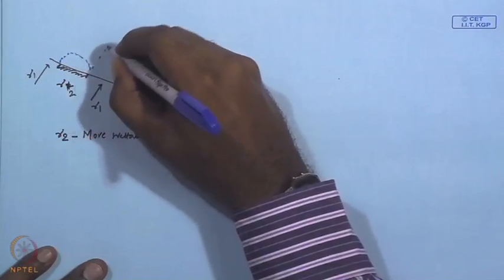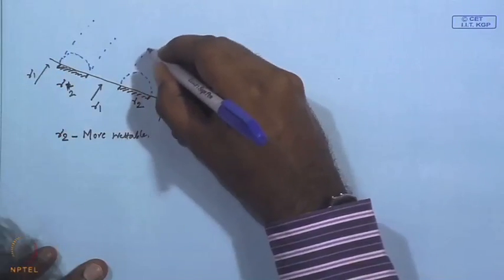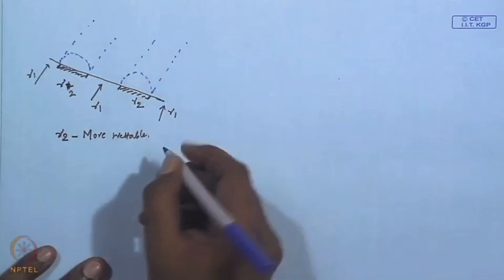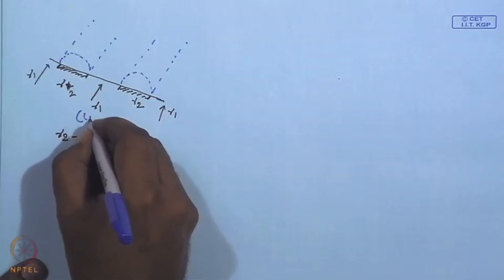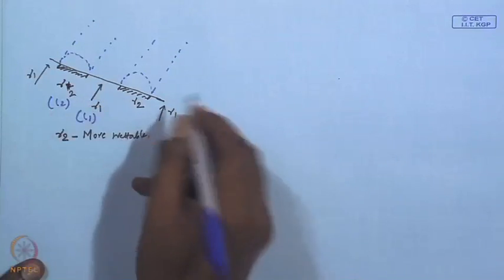Okay. So, now other parameters will also come into play. Let us say the width of this zone. So, let us say these zones have a width of L1, these zones have a width of L2.